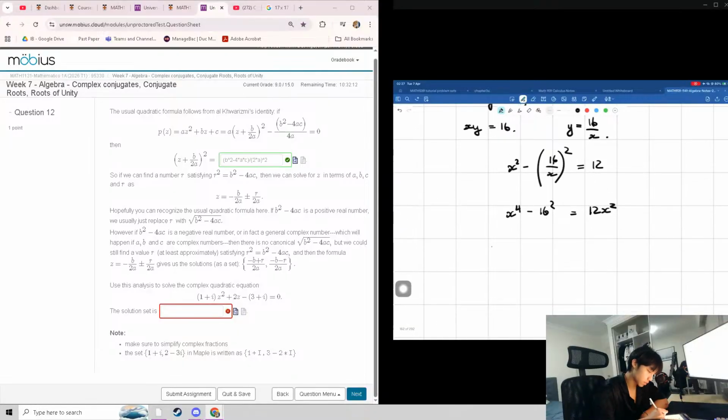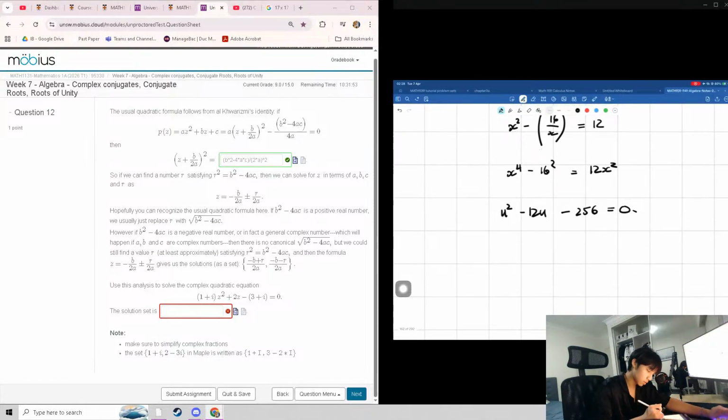Bring that all over into one side. We get u squared minus 12u minus, what's 16 squared? 256 is equal to 0. And so now we solve for u.